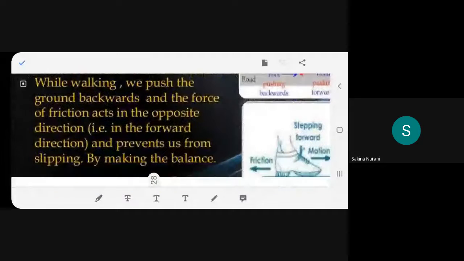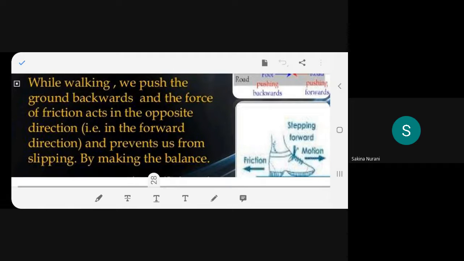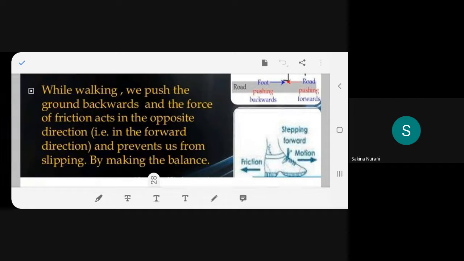When you're walking, you're pushing the ground backwards. And we already know that the force of friction is always in the opposite direction. So it is balancing the forward direction of your movement with the opposite direction of the friction. It balances us and does not let us fall. So it keeps the balance. See over here.